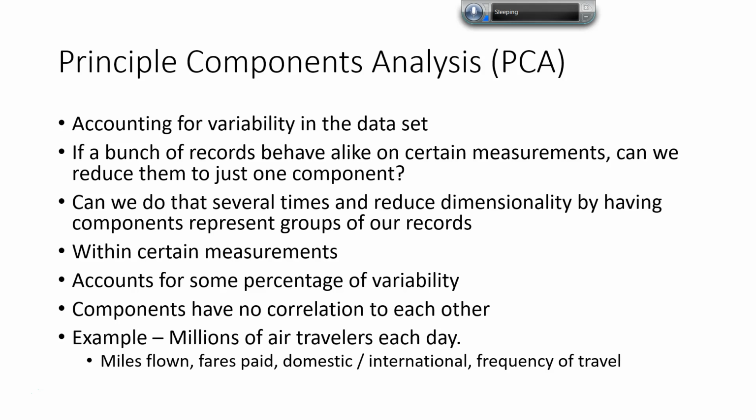So you get the idea that what we're doing is we're basically creating these principal components that come in with a weighted representation of the different variabilities amongst our data set. And it's within certain measurements that we would do this. When we came up with our data, our first principal component was 100 records, so it might account for 100.